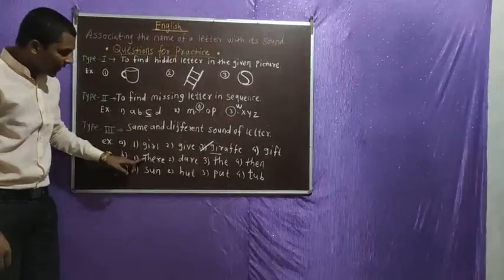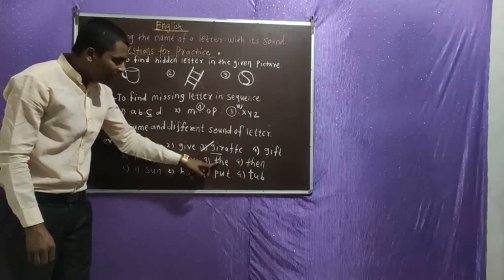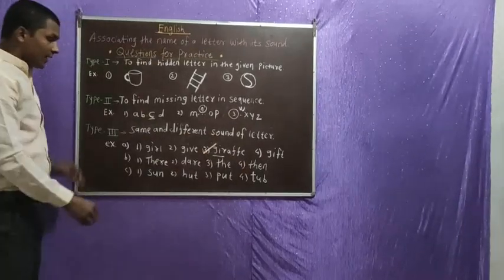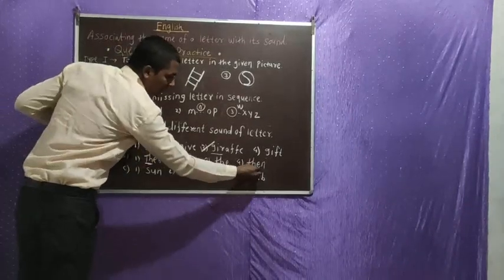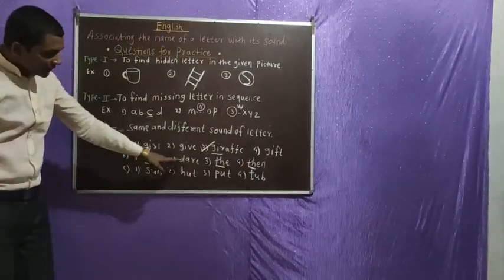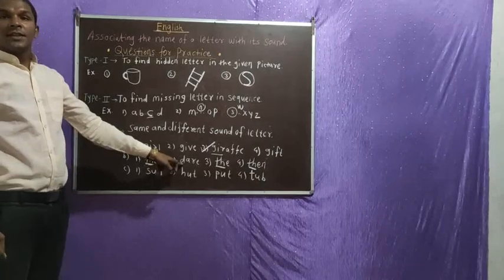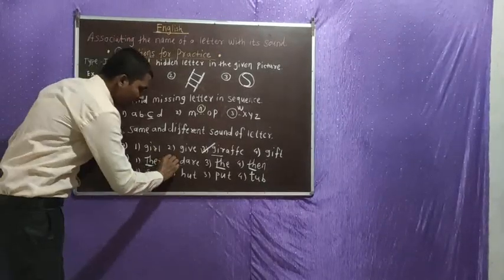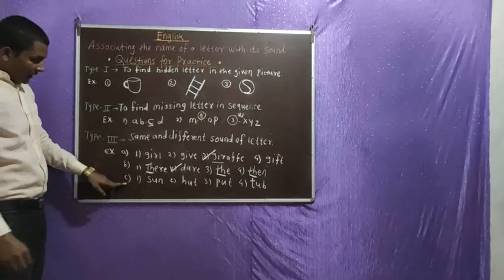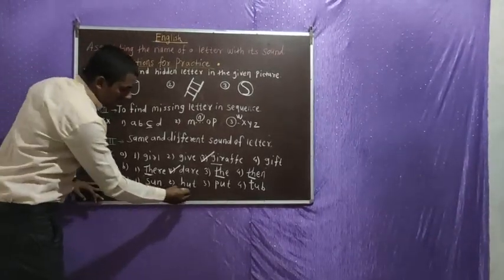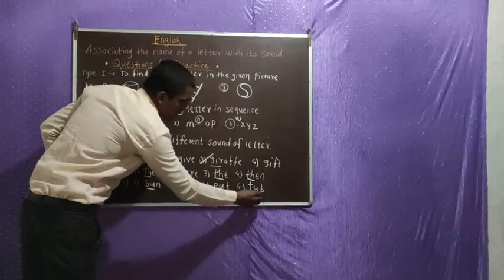Now here, joint letters th, but in the second option the pronunciation is d, so this is pronounced differently. Now see the third example: sun, hut, put and cut.